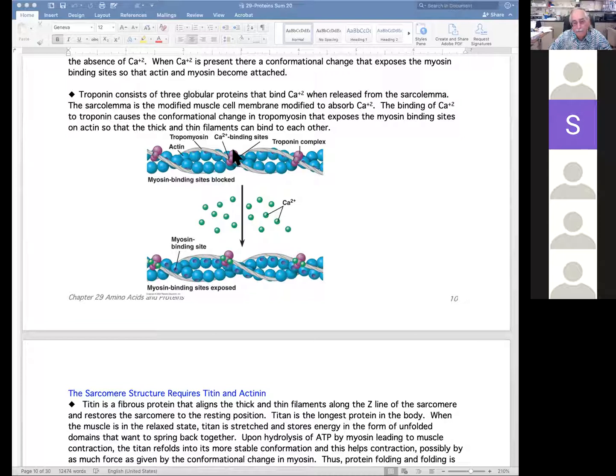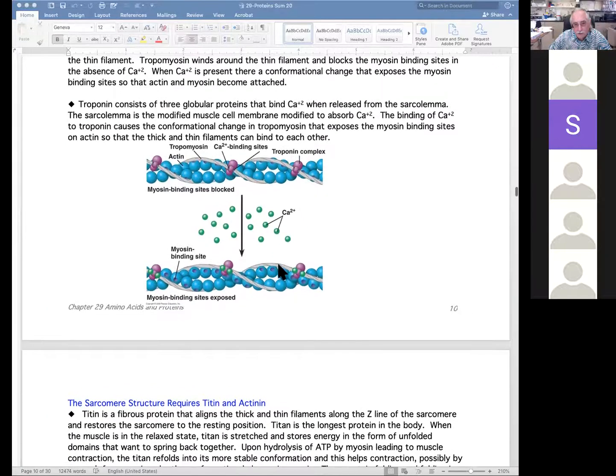And that conformational change, because of calcium going into it, shows that these now myosin binding sites are exposed. So here, the thin filament cannot interact with the thick filament. Once the calcium comes in, yes, it can.